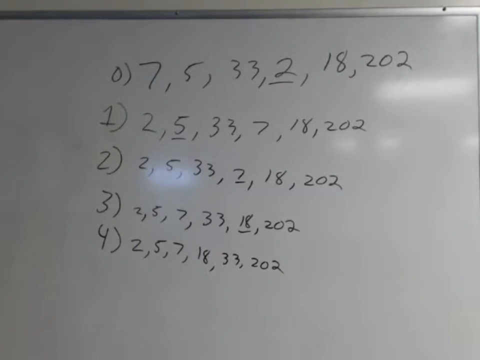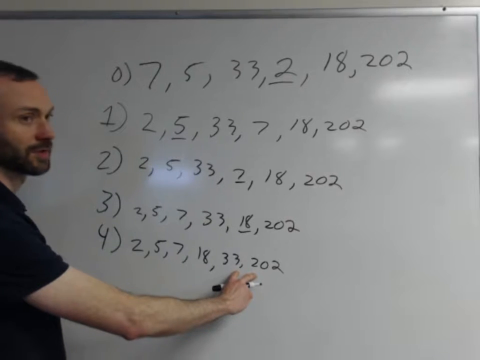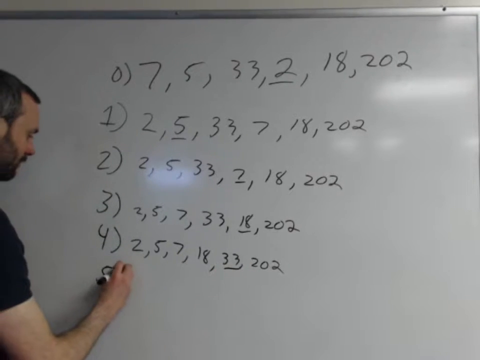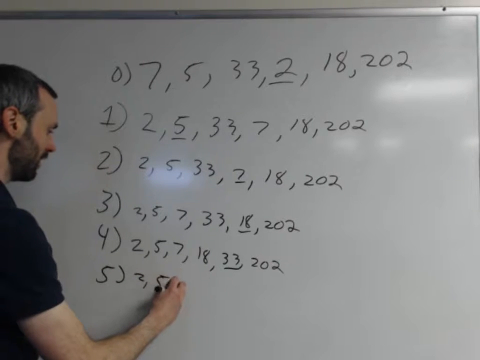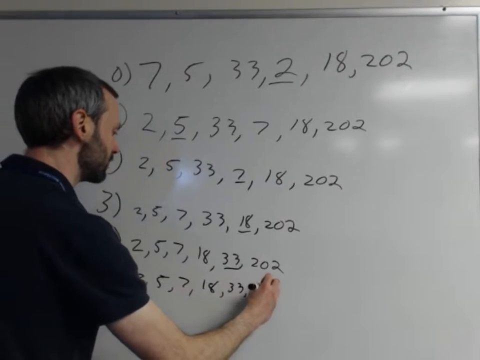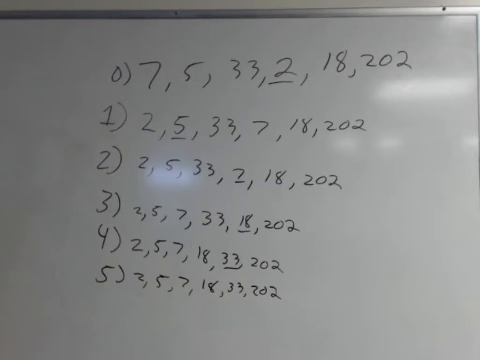Now what do we search? What's the minimum? 33, so you swap 33 with itself, well, that's easy. 2, 5, 7, 18, 33, 202. Okay, great.